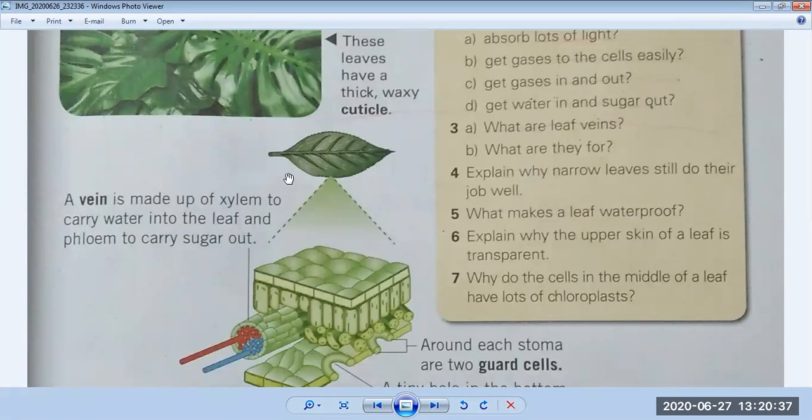So a vein is made up of xylem to carry water into the leaf and phloem to carry sugar out. The important role of xylem and phloem inside the body is that xylem carries water into the leaf, and the function of phloem is to carry sugar out of the body of the plant.